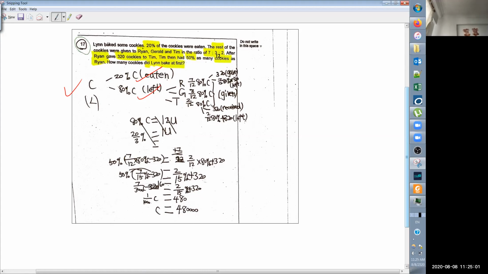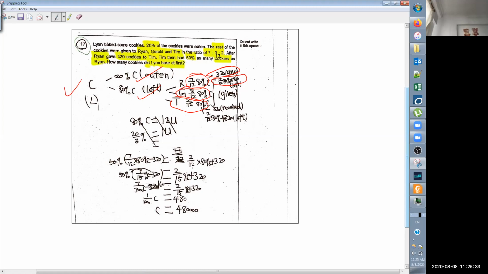The rest of the cookies were given to Ryan, Gerald, and Tim in the ratio 7:3:2. So this one goes to Ryan, this to Gerald, this to Tim. And after Ryan gave 320 cookies to Tim, the rest is left.